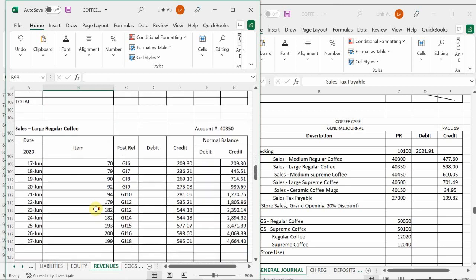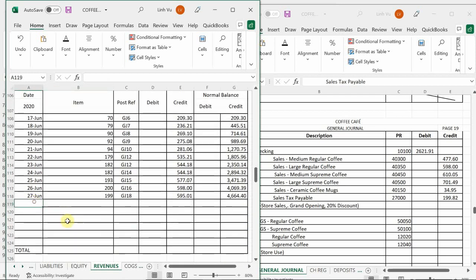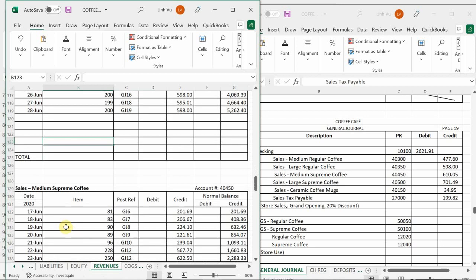All right. I sold 200 of my large regular coffee for a grand total of $598 even. And that's going to increase your account balance to $5,262.40.